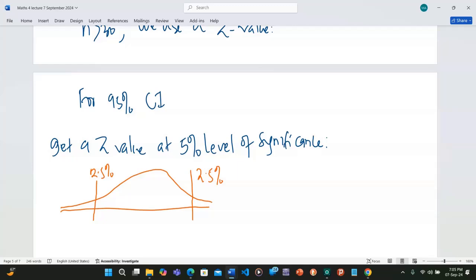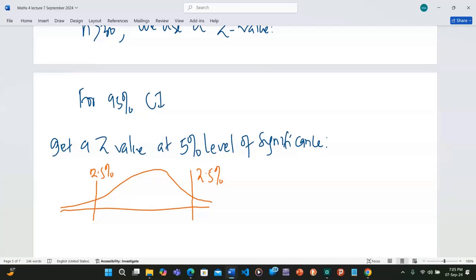In between here, this proportion is going to be 95. This side is 2.5, this side is 2.5, and in the middle is 95 to make an area equivalent to 1, because the total probability under this normal distribution curve must be 1.